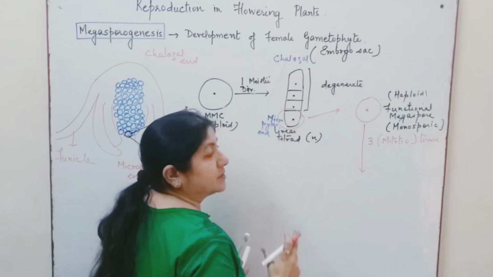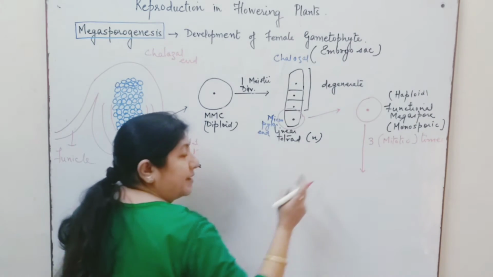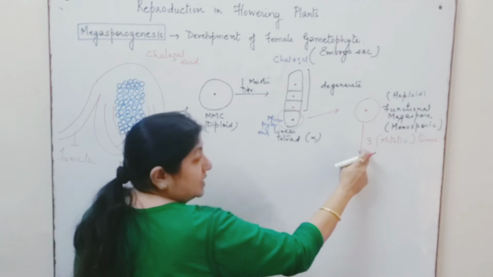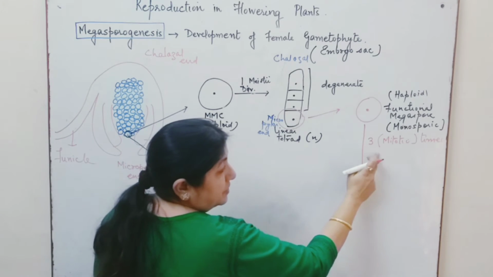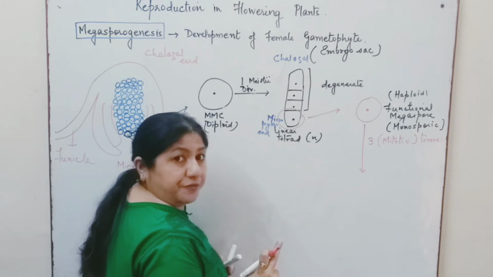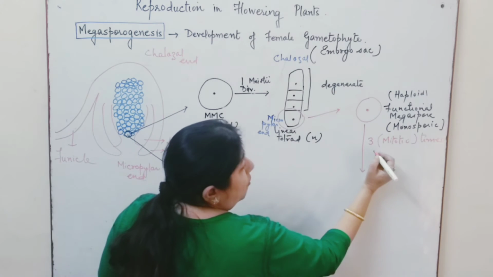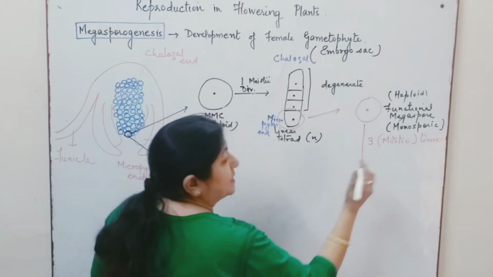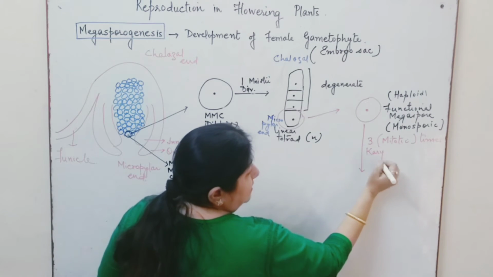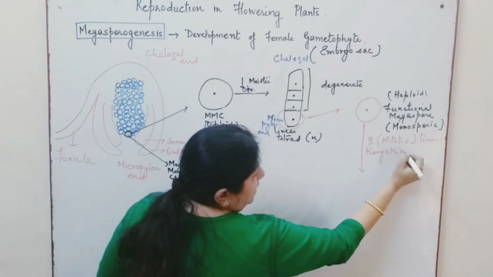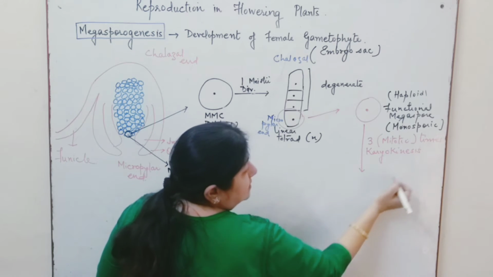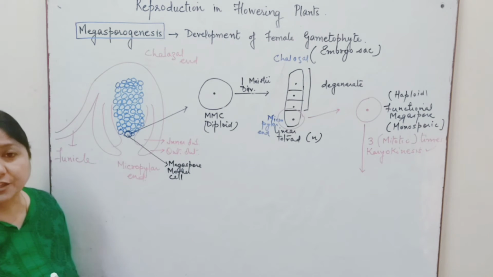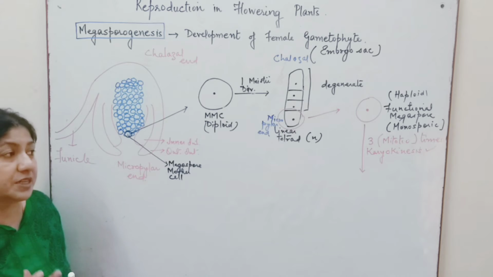That means the chromosome number, since it is already haploid, will remain the same. Also important to understand is that all the divisions are without cytokinesis. That means karyokinesis is taking place, but cytokinesis, that is the formation of the cell wall, does not take place.